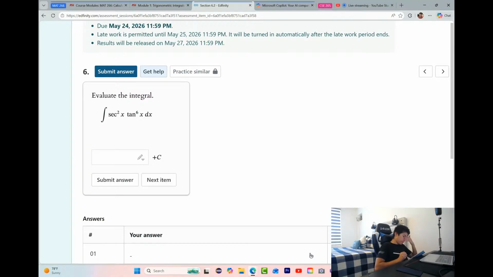Very cool. Now what's next? So I believe substitution is next. U equals what? Let's say U equals secant of x tangent of x.